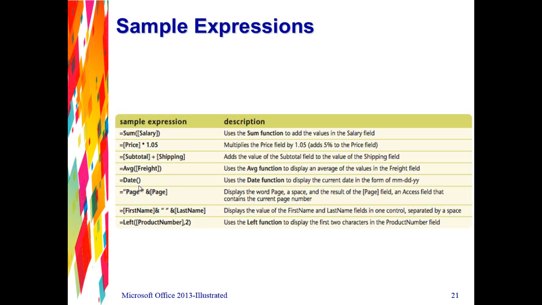Or you can even use the date function to display the current date in the form. So if you put equals date and then open parenthesis and close parenthesis, that's using a date function. Or if you want to display the word page as well as a page number, there's an example expression as well. And you can take a look at some of the other sample expressions as well.